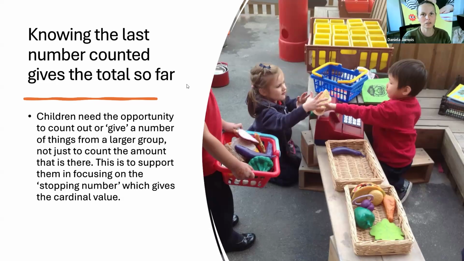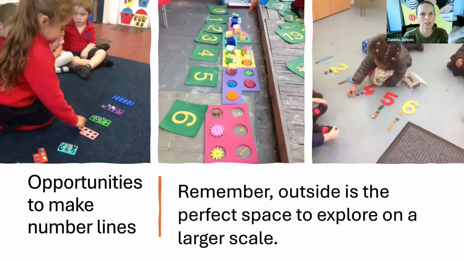A common misconception is that a child will continue counting out until they've counted everything that's in the basket. So that notion of stopping at the amount that has been stipulated is a really, really important milestone for the children. You want to provide opportunities for children to make number lines.